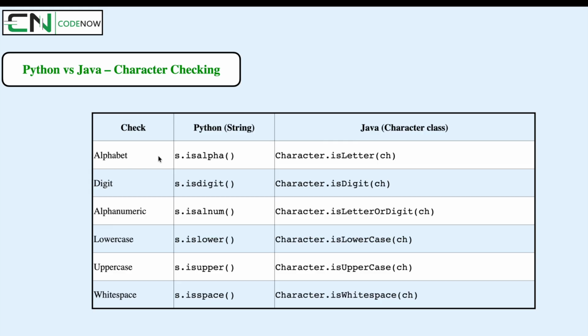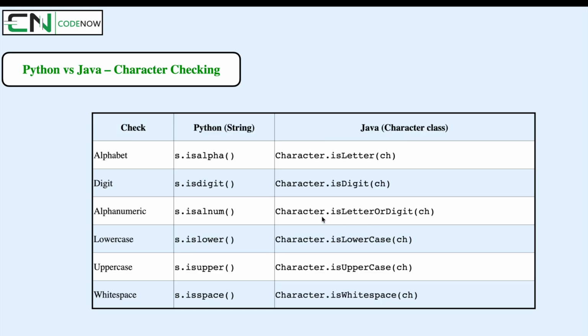To check if the string contains alphabets or not, we have the isalpha function, whereas in Java we use the Character class, which is Character dot isLetter. For checking if a string is a digit or not, we use s dot isdigit, whereas in Java we use Character dot isDigit. Alphanumeric is isalnum.